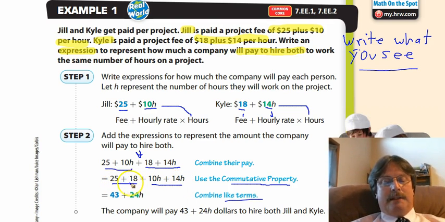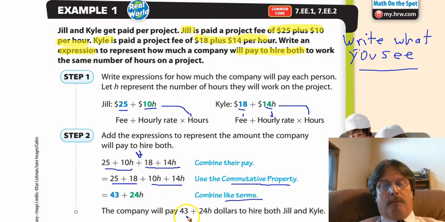So 25 plus 18 is 43. The 10H plus 14H is 24H, because 10 plus 14 is 24, and then we just use the common term of H, and that's right here. So the company will pay $43 plus $24 for every hour that Jill and Kyle work.